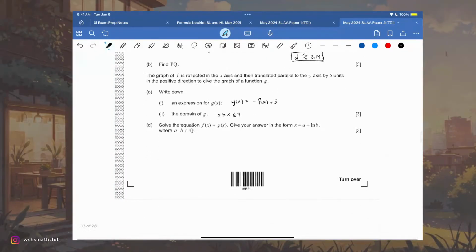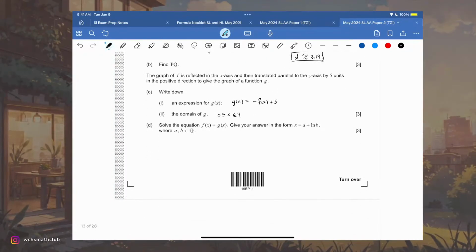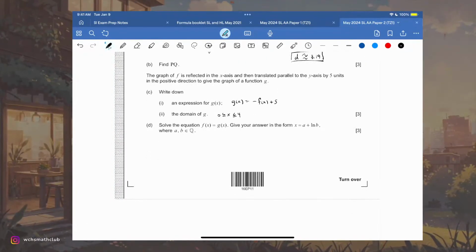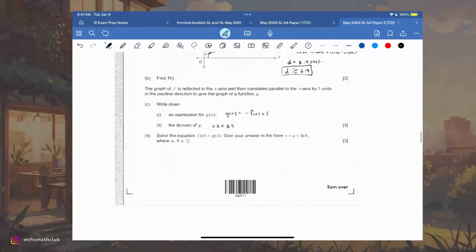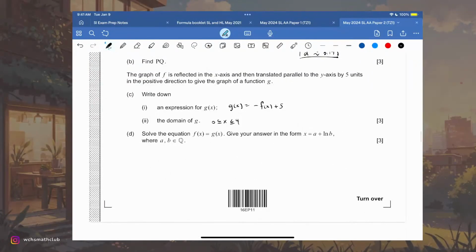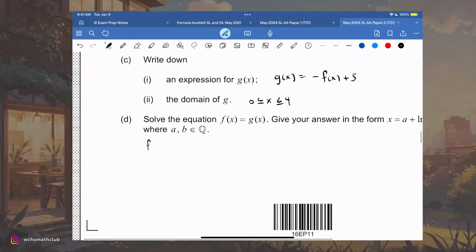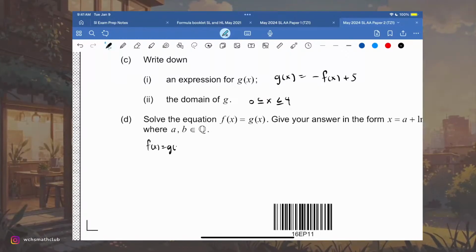Okay, so moving on to part D. Solve the equation f(x) = g(x) and give your answer in the form x = a + ln b, where a, b are real. Okay, so f(x) = g(x).